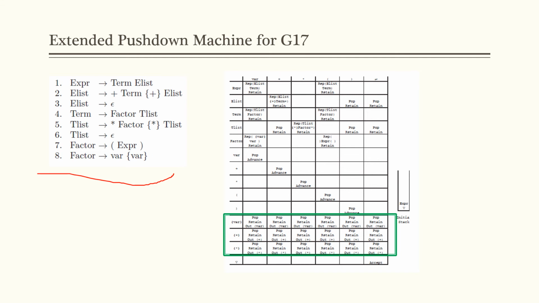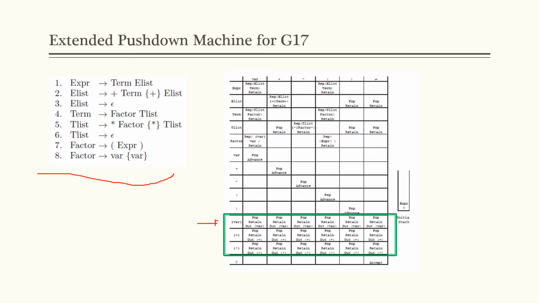We add it at the bottom part of the pushdown table. There are 3 action symbols in grammar G17, which are var, multiplication, and addition, so we put them here.